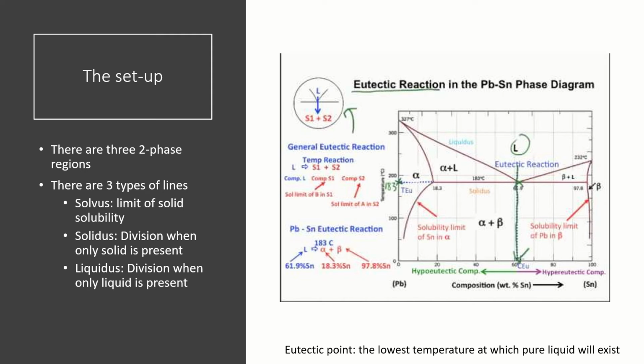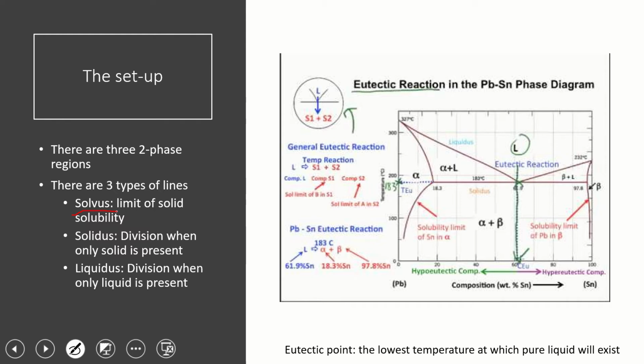So let's start. A binary phase diagram has two different phases, liquid and solid, and there are three types of lines. The solvus line is the limit of solid solubility.